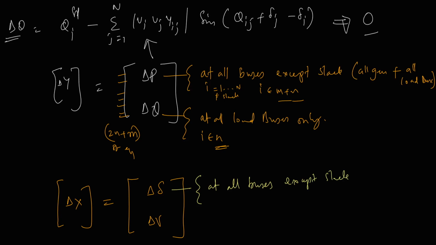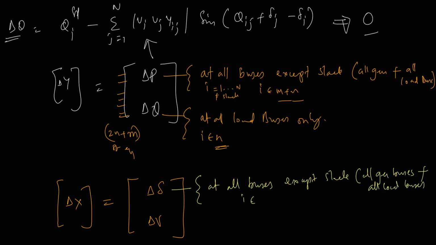Similarly, delta is not known at either voltage-controlled buses or the load buses, right? So except slack, that means all generator buses plus all load buses, right?